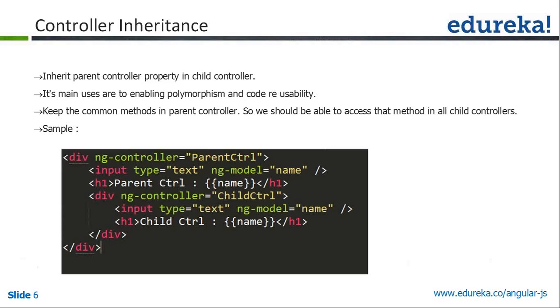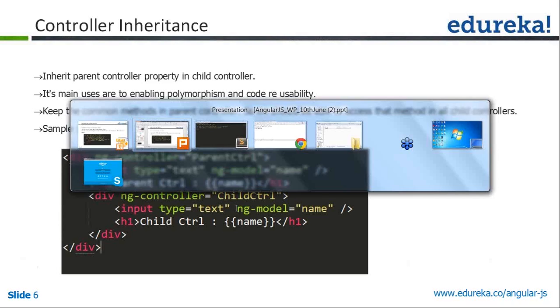So from the parent controller, I should be able to use those functions in all the child controllers. If I have 5 child controllers, all of the 5 controllers should be able to use this parent controller function. It is mainly used to enable polymorphism and code reusability. That is the main advantage of using controller inheritance in our web application.